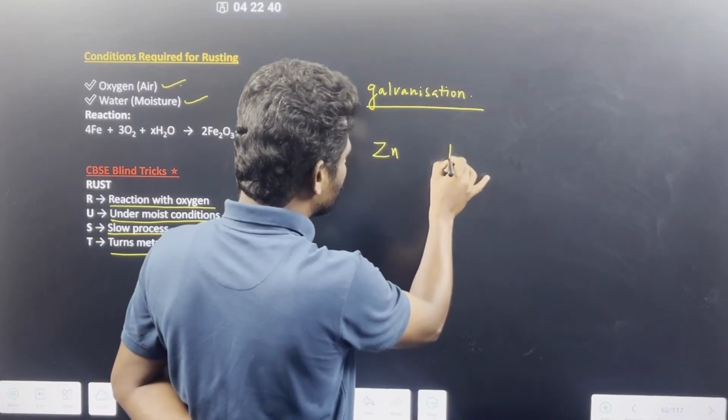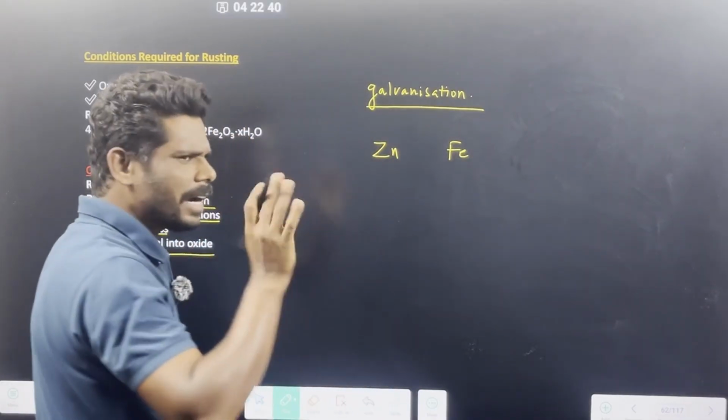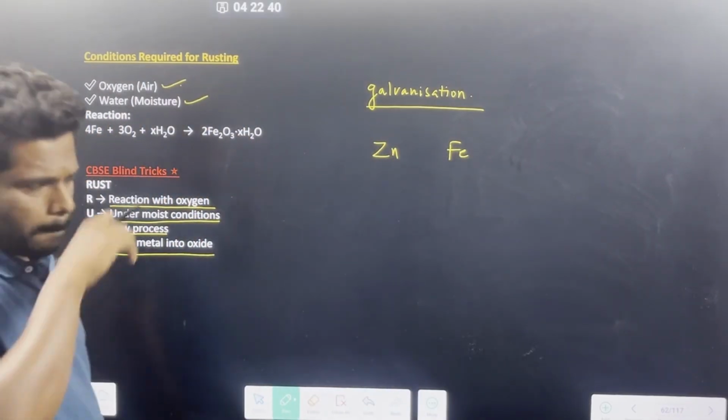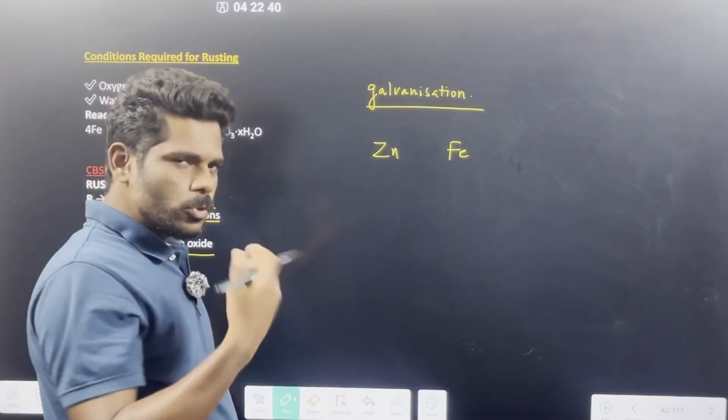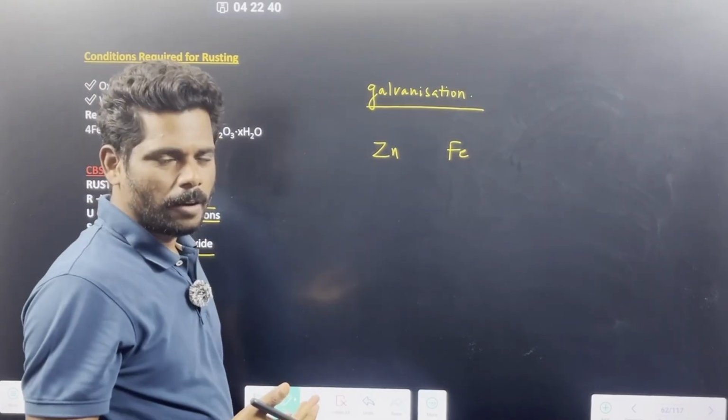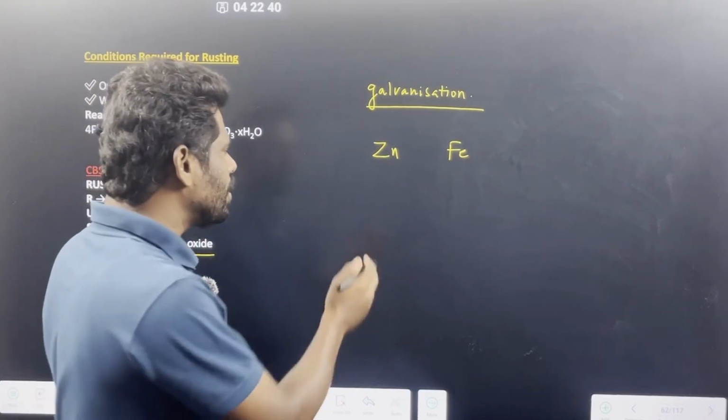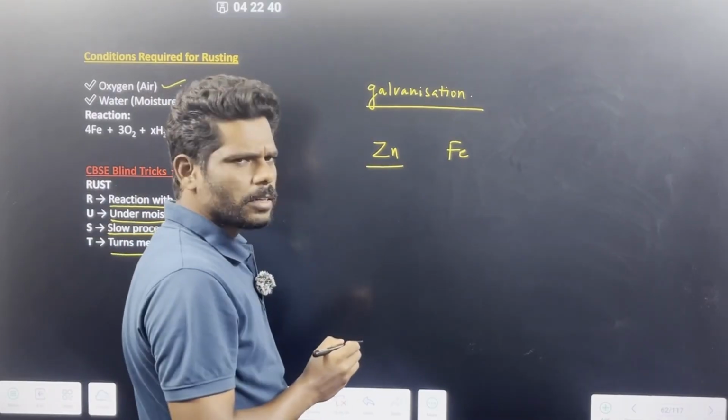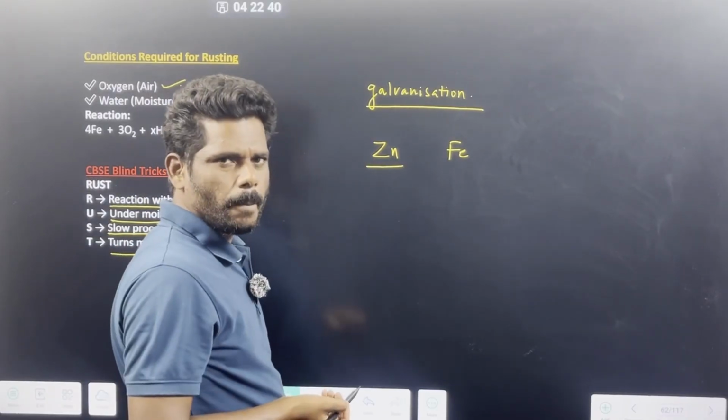There are two metals we have, zinc and iron. What was the question? Zinc is used for galvanization of iron. Does it mean that zinc does not form rust, that zinc does not corrode?